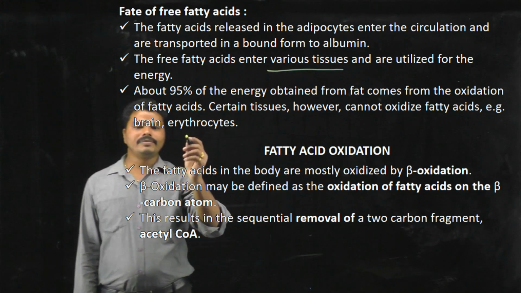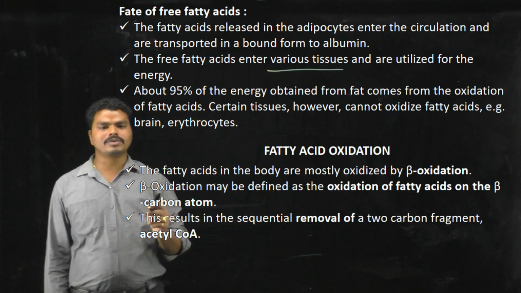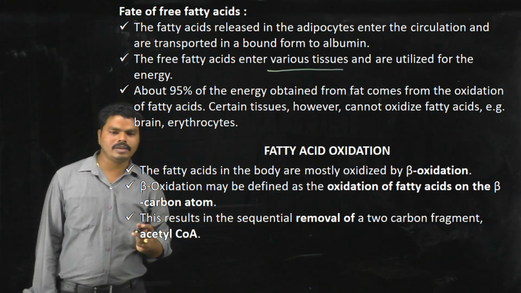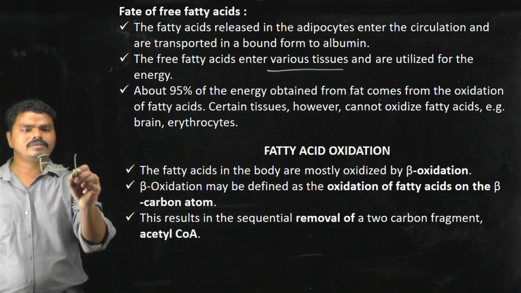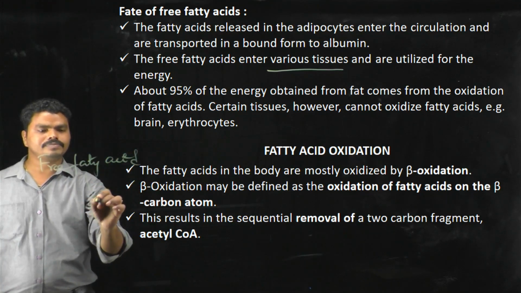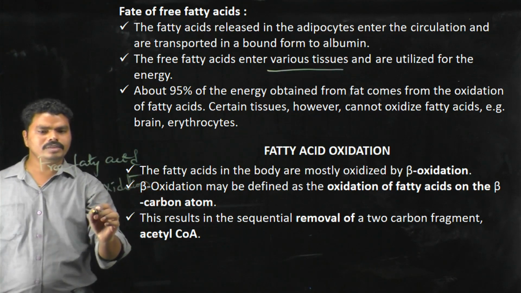About 95% of energy obtained from fat comes from the oxidation of fatty acids. So how will it produce the energy? When the free fatty acid is subjected to oxidation, it produces the energy.